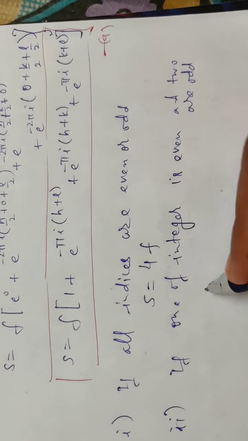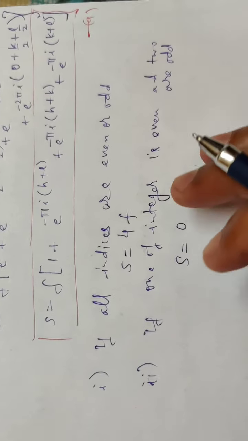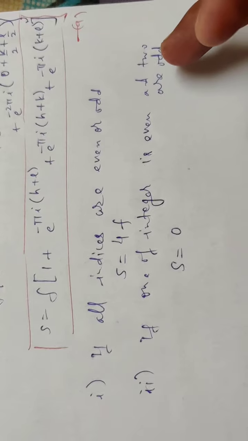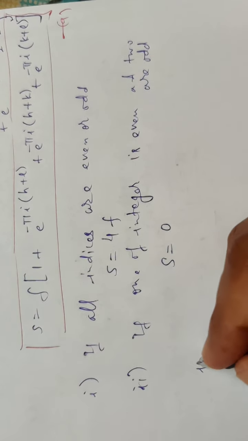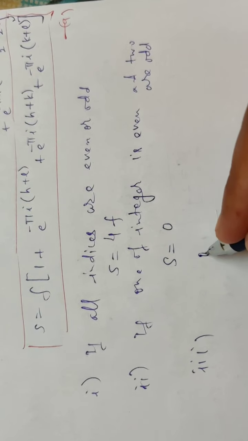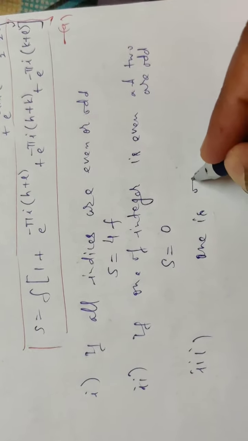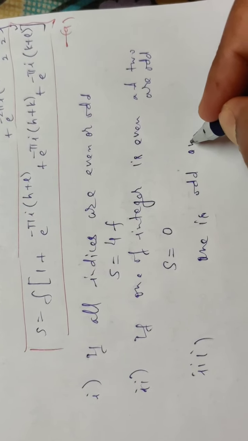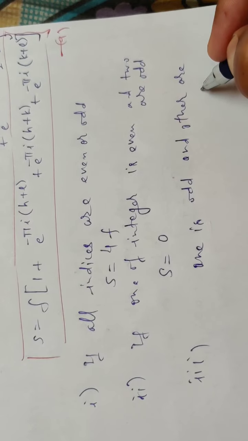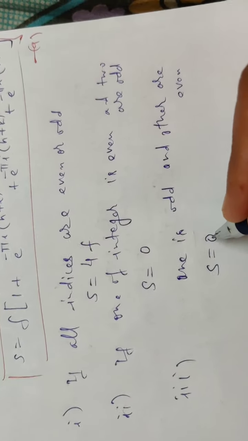So S is equal to 0. And for the other combination, if one is odd and the others are even, the result will be the same, S equal to 0.